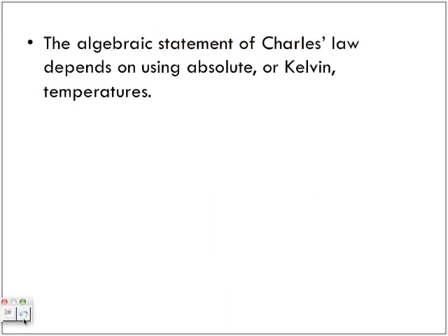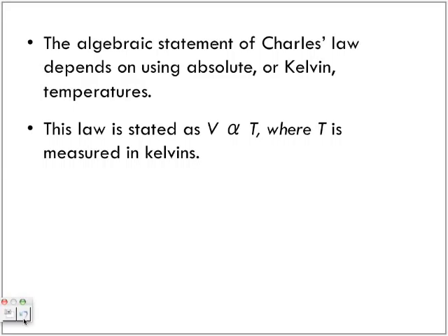So the algebraic statement of Charles' law depends on using absolute or Kelvin temperature. So make sure that when you are making any calculations using Charles' law, you are converting your temperature into Kelvin. Okay. So this law is stated as V is proportional to T, where T is measured in Kelvin.